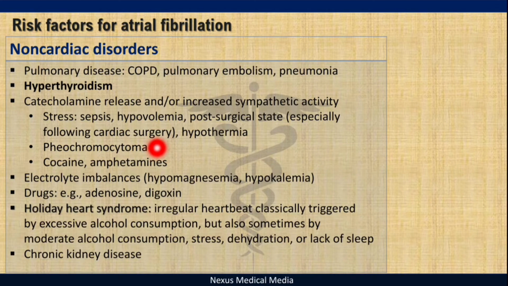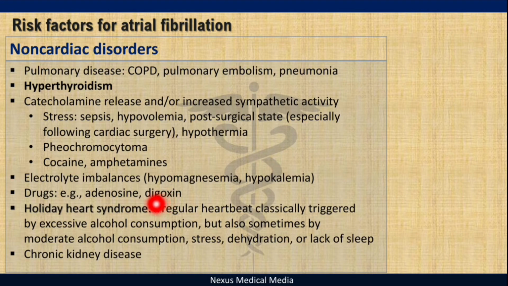If you remember the adrenal gland, the medulla produces catecholamines like epinephrine or adrenaline. Next is cocaine and amphetamines. Electrolyte imbalances like hypomagnesemia, hypokalemia are also risk factors.